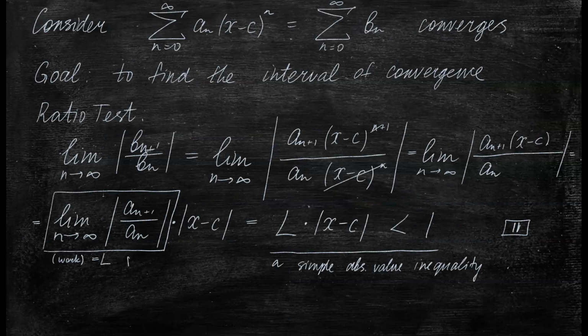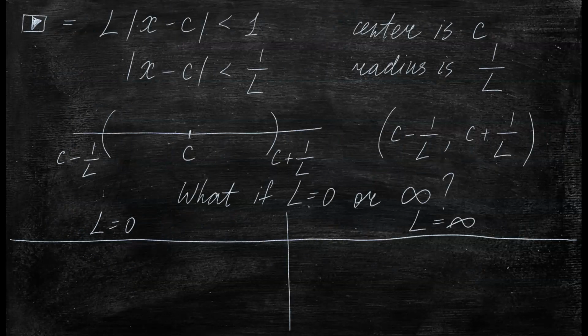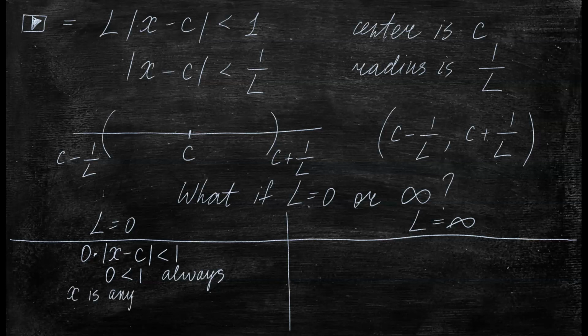L is this limit right here. So remember, we said we need to do some work to find it. And if you found it and you got 0, what does that mean? That means we have the following inequality. And 0 times anything is 0. And 0 is less than 1 always. And therefore x can be any value.